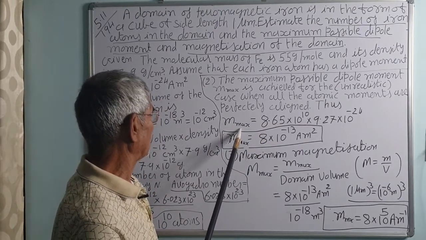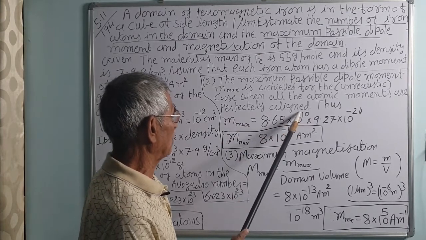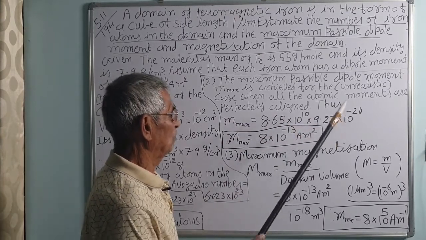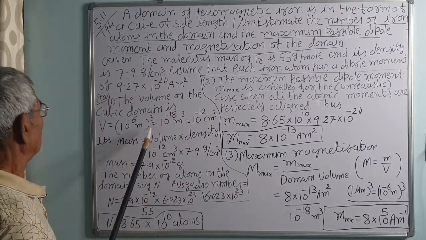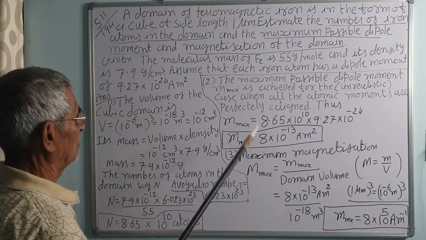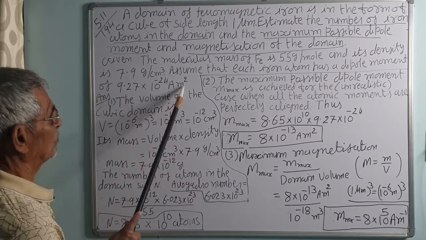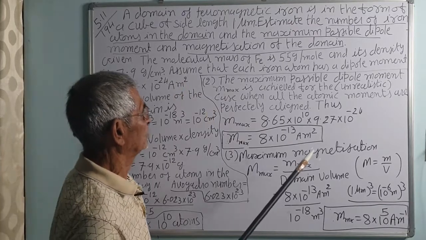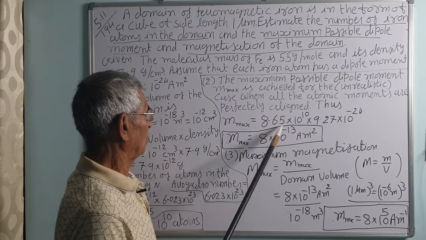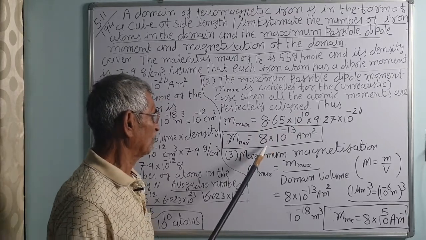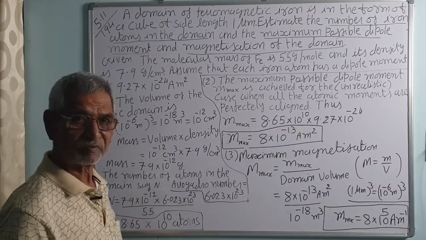So m maximum is equal to 8.65 into 10 raised to 10 atoms into the magnetic dipole moment of one atom. The magnetic dipole moment of one atom is 9.27 into 10 raised to minus 24 ampere meter square, correct. So the maximum dipole moment of all these atoms in a domain will be equal to 8 into 10 raised to minus 13 ampere meter square.